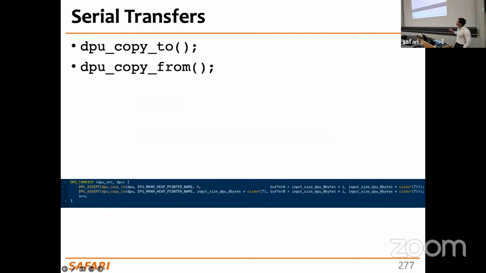For the serial data transfers, the API that you're going to use is the DPU copy to and DPU copy from, depending on the direction. DPU copy to copies from the host to the DPU, and copy from copies from the DPU to the host.